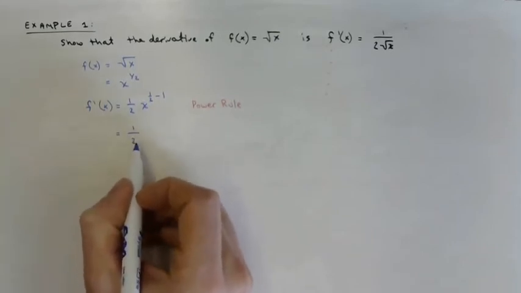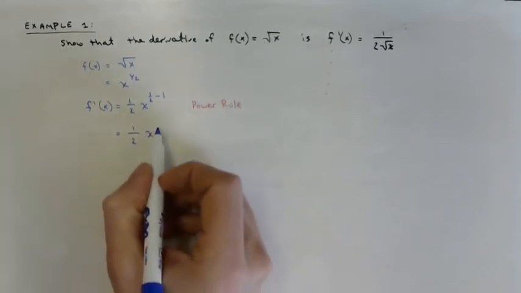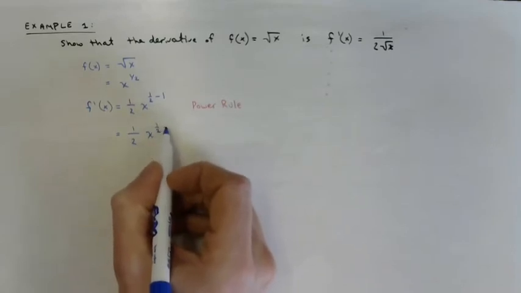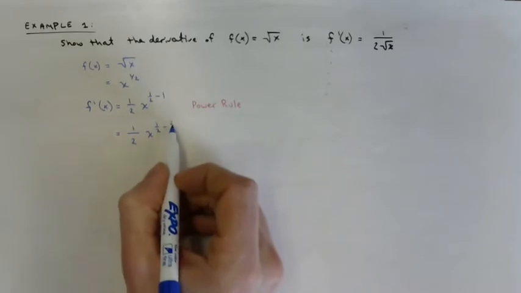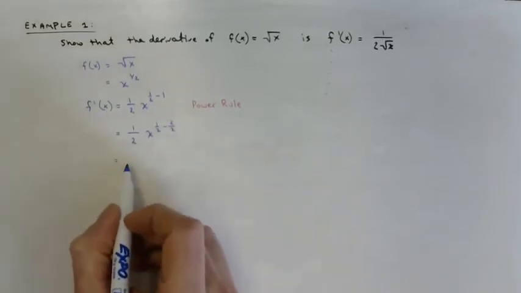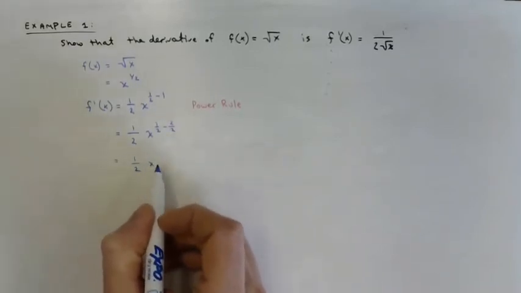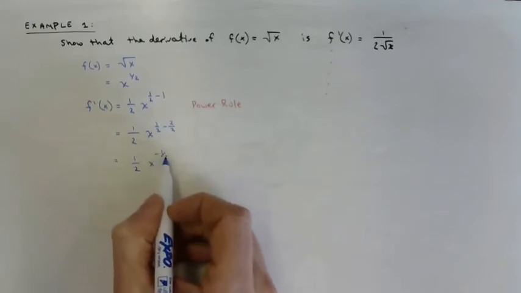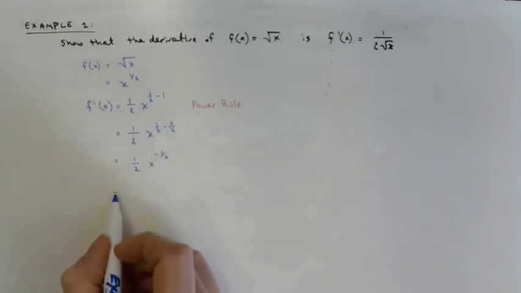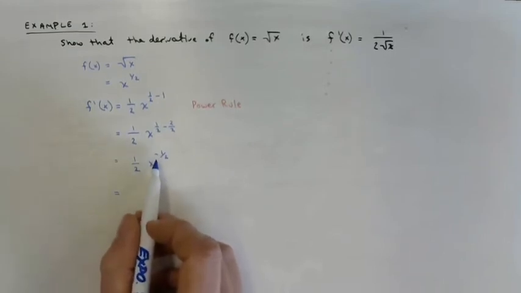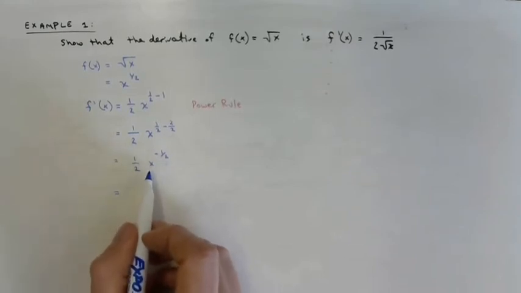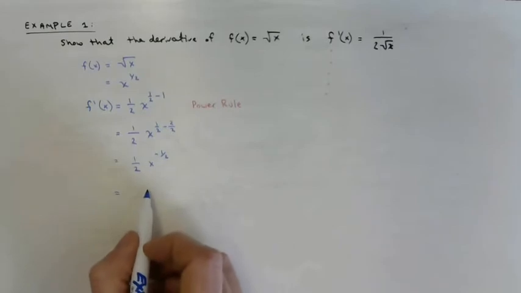So I'll write that we had a power of 1/2, and we're going to subtract 1 from that exponent. Again, once you get good at this, you can do it in fewer steps. But in my exponent, I'm subtracting fractions, so I want to express 1 as a fraction over 2, which is simply 2 over 2, which leaves us with an exponent of negative 1/2. A negative exponent would bump us into the denominator to have a positive exponent, and an exponent of 1/2 is the same as the square root of x. Okay, so 2 steps here.